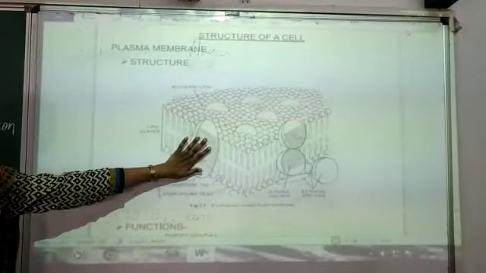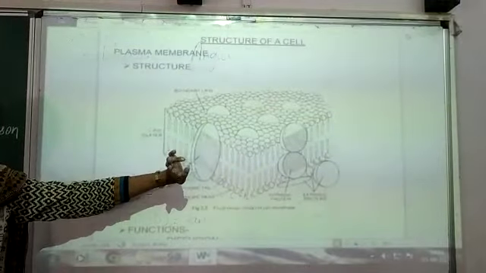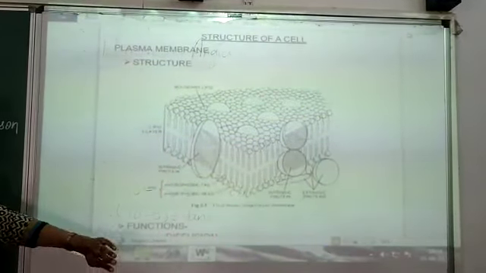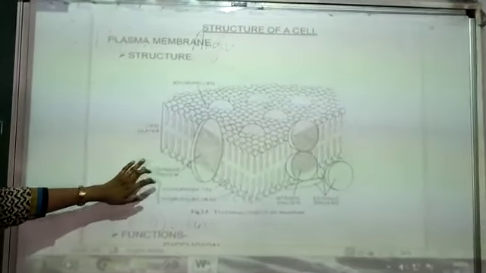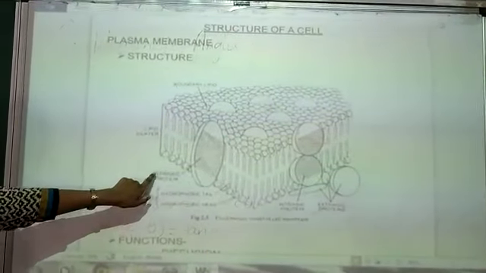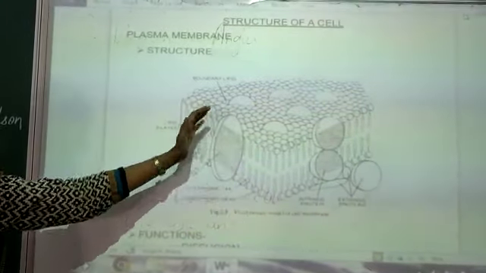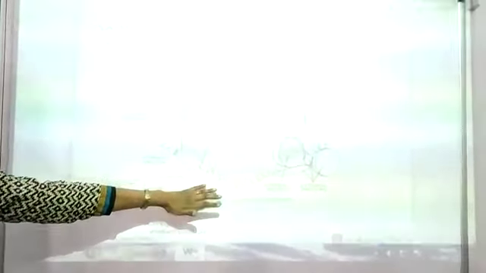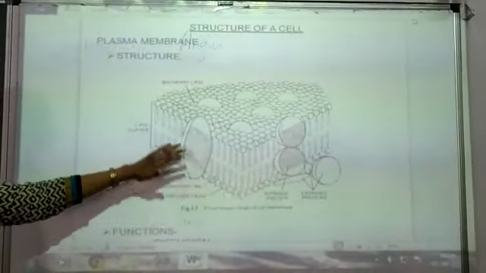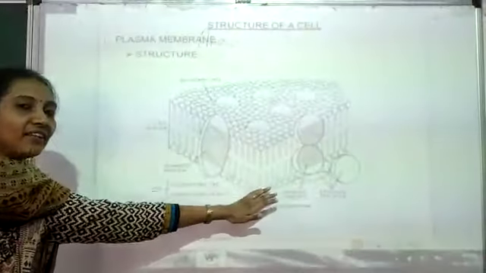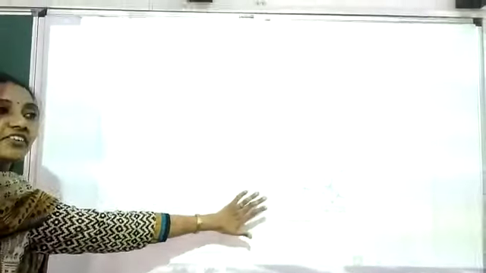Along with phospholipids, it also contains two types of proteins, known as extrinsic proteins and intrinsic proteins. Extrinsic proteins are present on the surfaces, either on the outer surface or on the inner surface of the lipid bilayer. Along with extrinsic proteins, we also have intrinsic proteins.